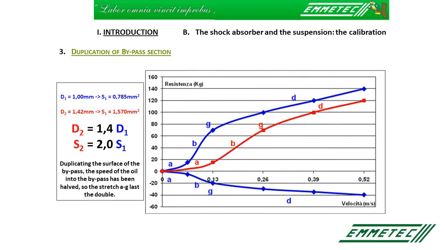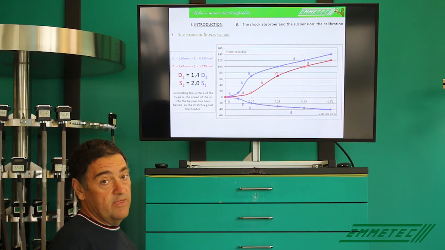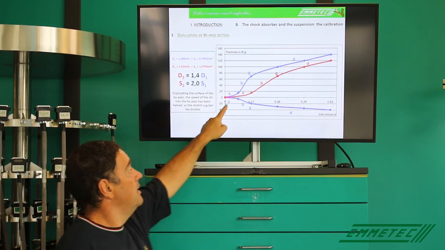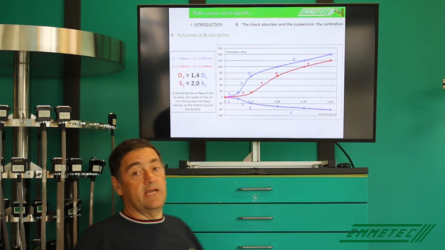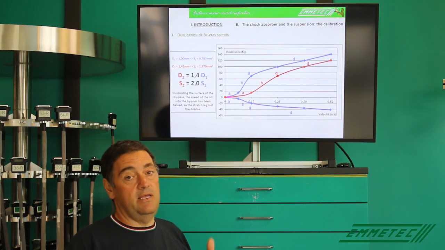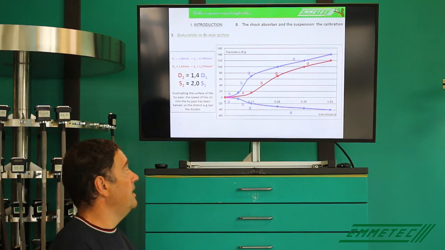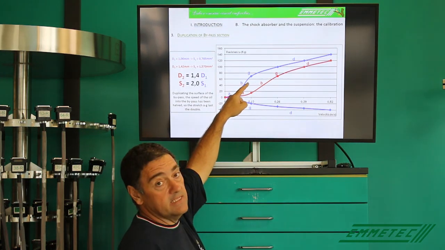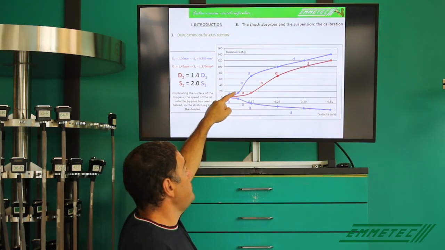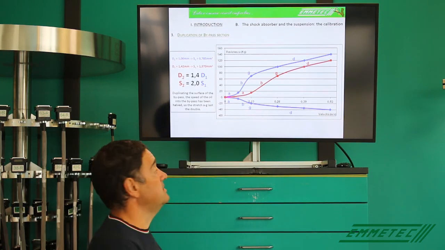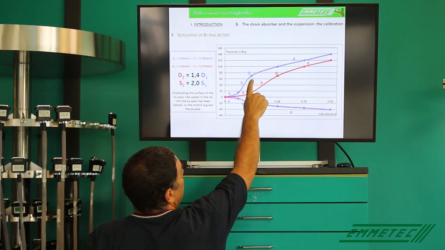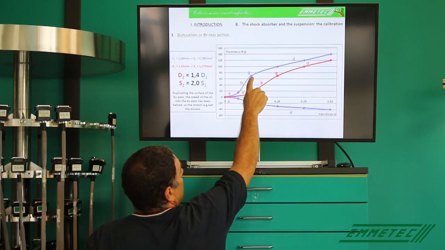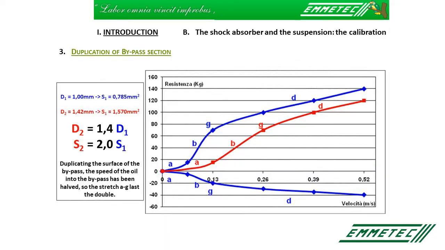So you see that if we double the area of the bypass, the new diagram will be dramatically softer. And why? Because we don't have lines, we have parabolas. So in this case, look, at the same speed, we move from 70 kilos to 18 kilos.